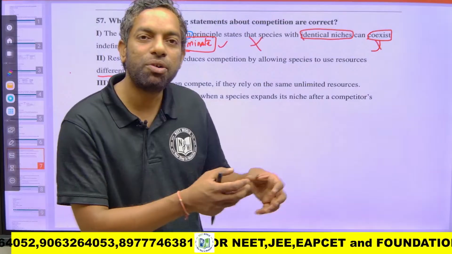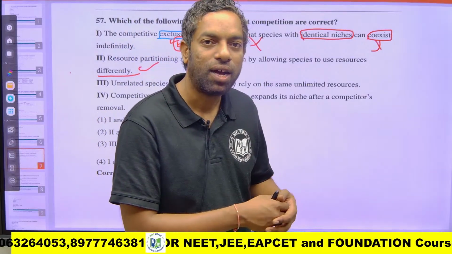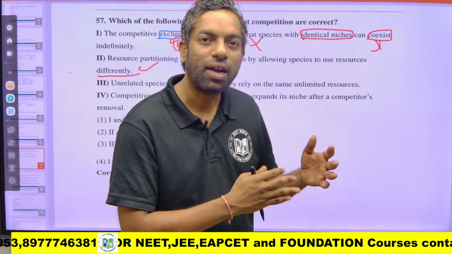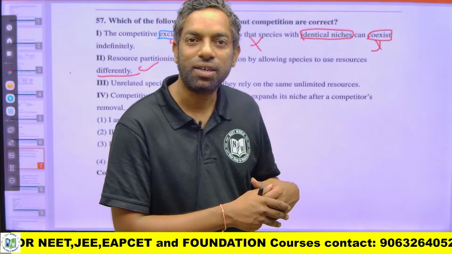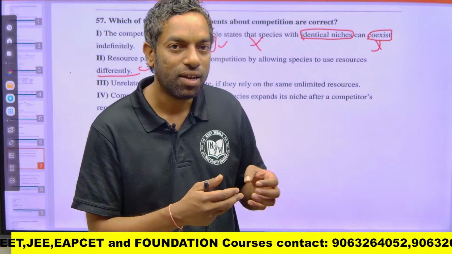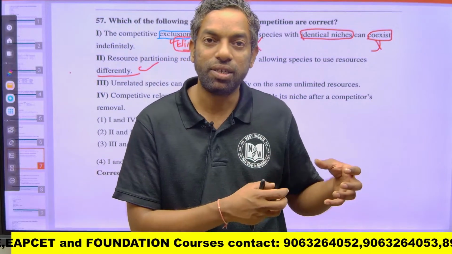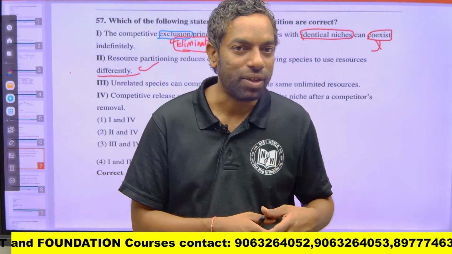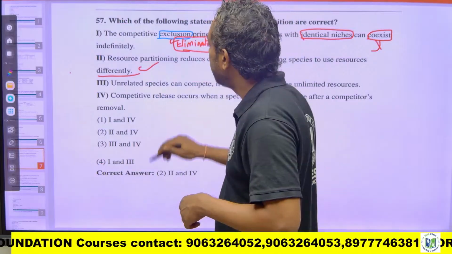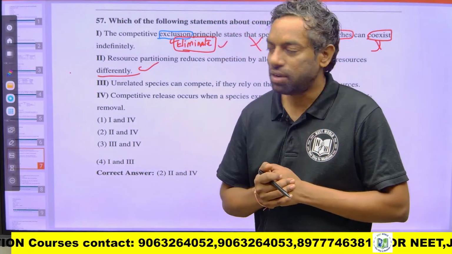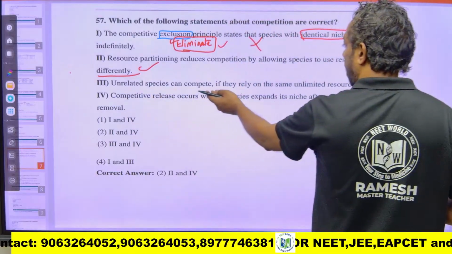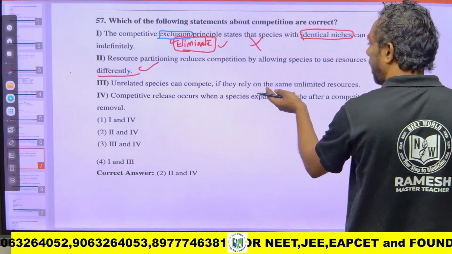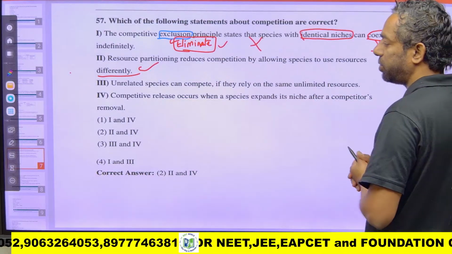If they can distribute the 10 mangoes among 10 or 20 people, they can cut the mangoes and distribute them, there is no competition. If they do not allow the resource to be distributed, there is competition between them. So this is a right statement. And unrelated species can compete if they rely on the same unlimited resources.